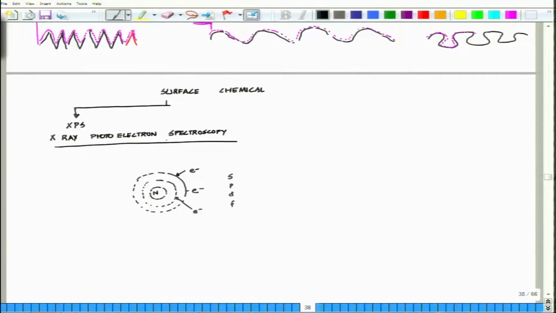Say I supply some form of energy into it, and an electron gets ejected out. It will eject with a unique kinetic energy, and that is essentially related to the energy at which it was part of that atom.